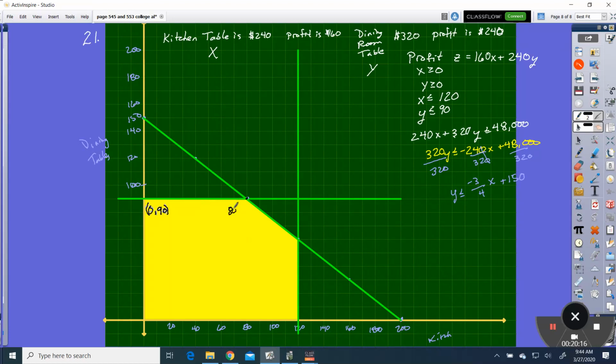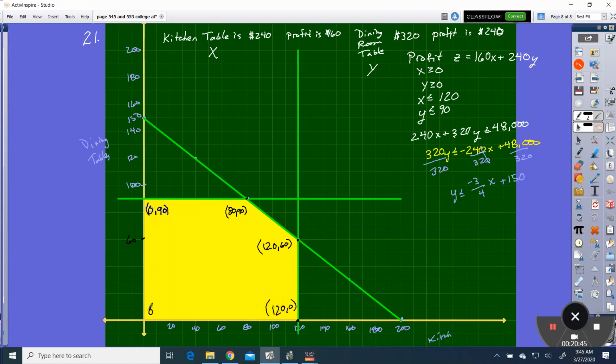So this is x is 80, y is 90. This point is 120. And right here, so 90, 80, 70, 60, 50, 40, 30, 20, 10. Okay. So x is 120, y is 60. And then down here we have x is 120, y is 0.